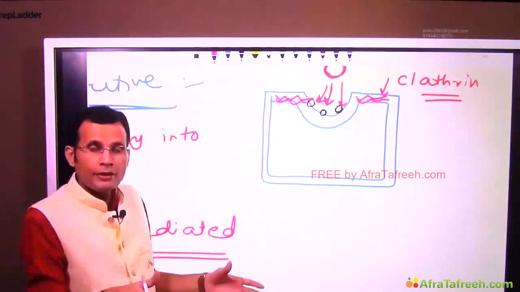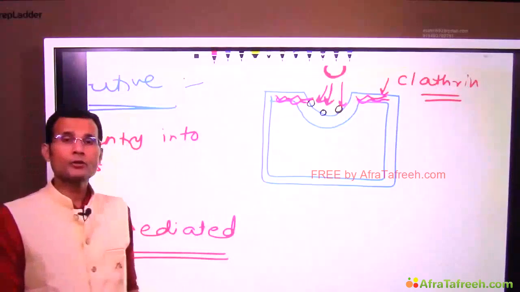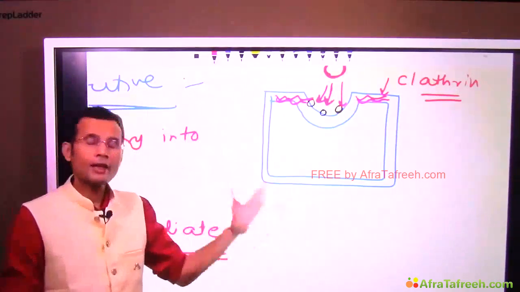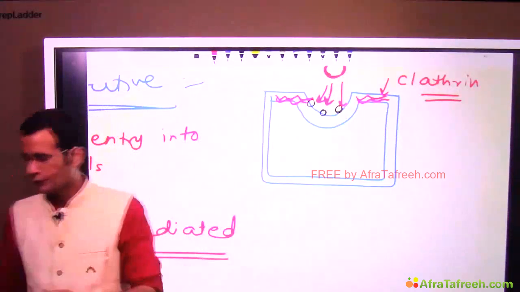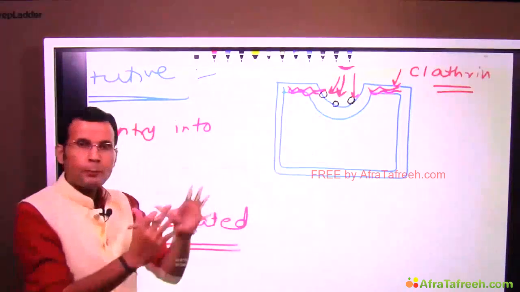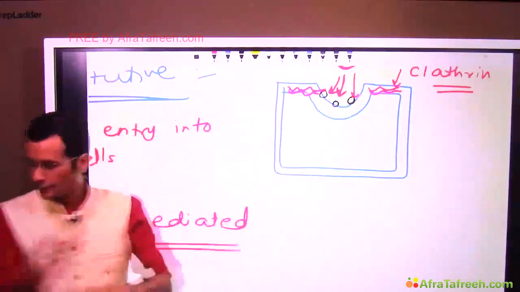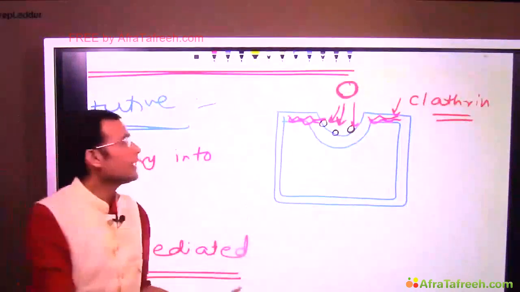And this clathrin mediates this process of endocytosis. Receptor mediated endocytosis is also sometimes called clathrin mediated endocytosis. Now, when this pit has the receptors and the ligand combines with those receptors, then the pit invaginates.